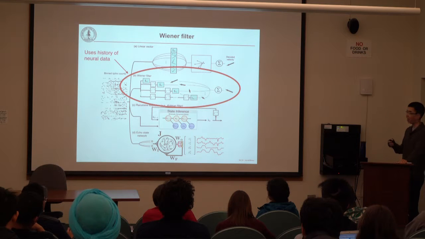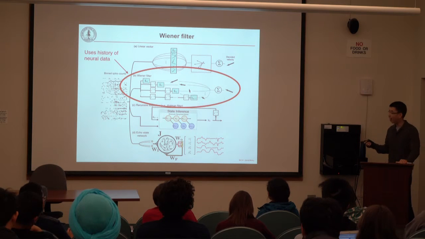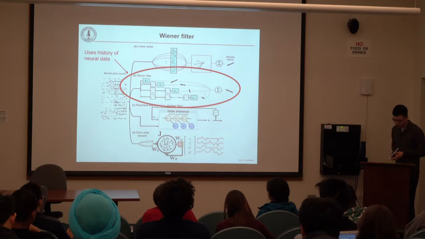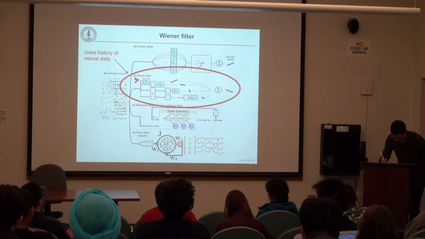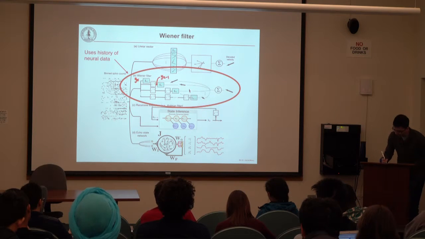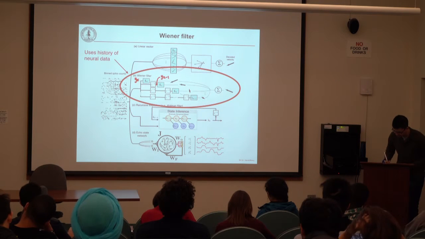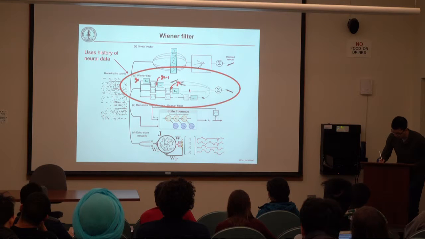And this is a canonical block that we use in digital processing. And so if the neural data here is yk, then the neural data here at this point would be yk minus 1. And for 2 of these z blocks, then the neural data here would be yk minus 2.